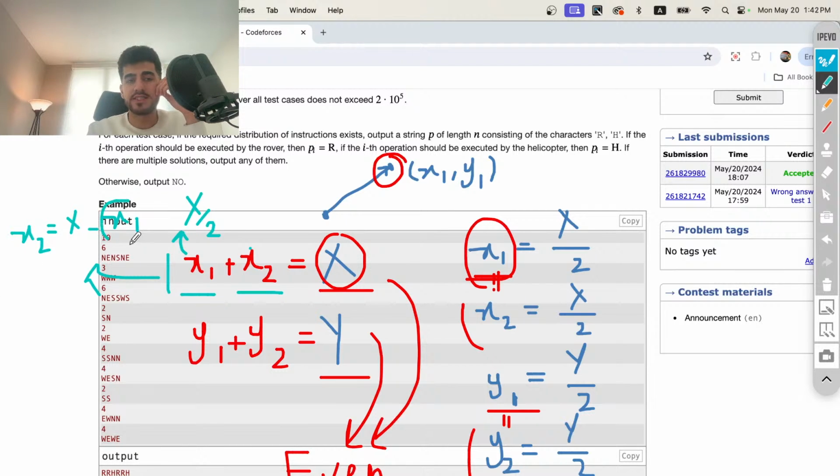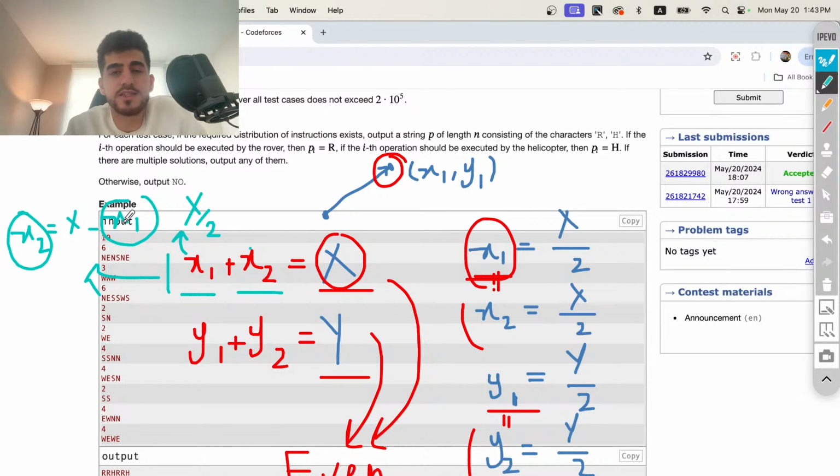So we don't need to worry about both of them. If only x1 is equal to capital X half, then x2 will also be equal to capital X half. If y1 is equal to capital Y half, then y2 is also equal to capital Y half. So it's only enough to move one device to this point.